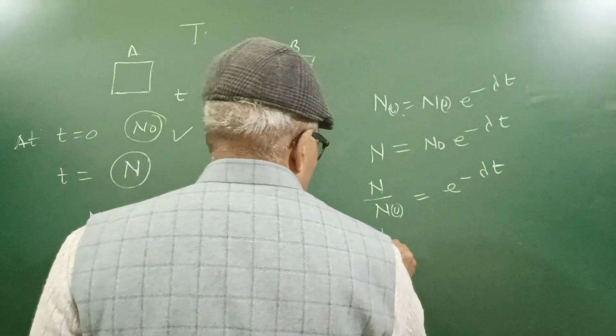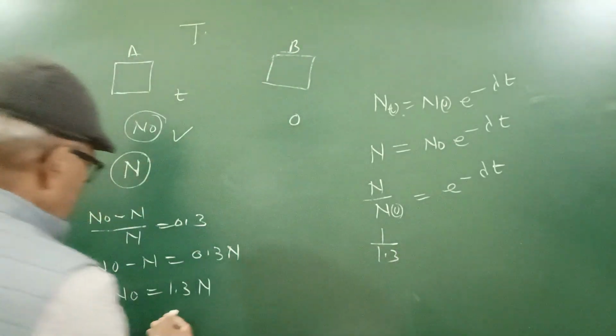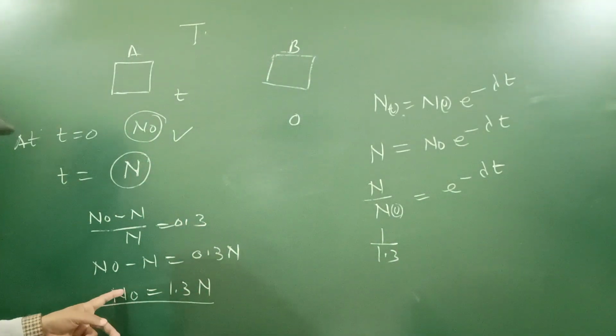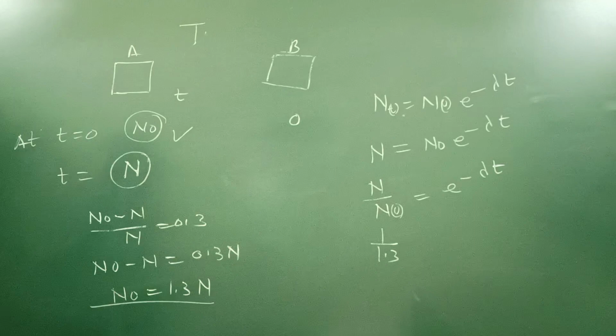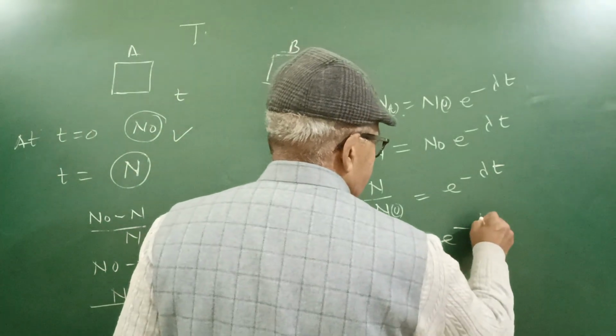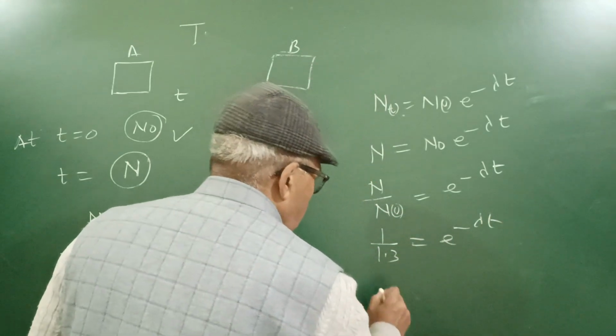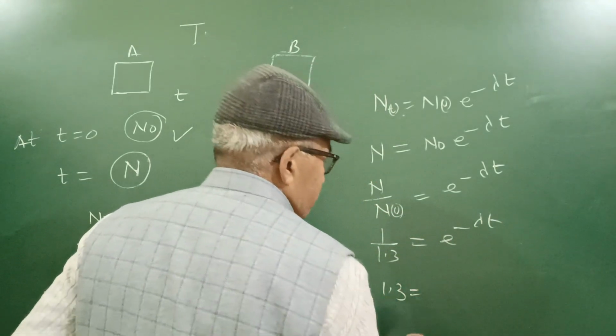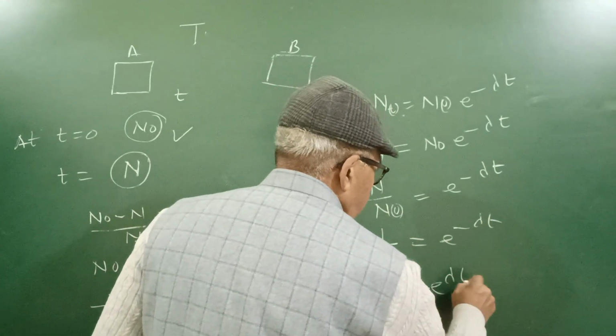But it is 1 upon 1.3. Reversing this, N0 upon N is 1.3, so 1.3 equal to e to the power lambda t.